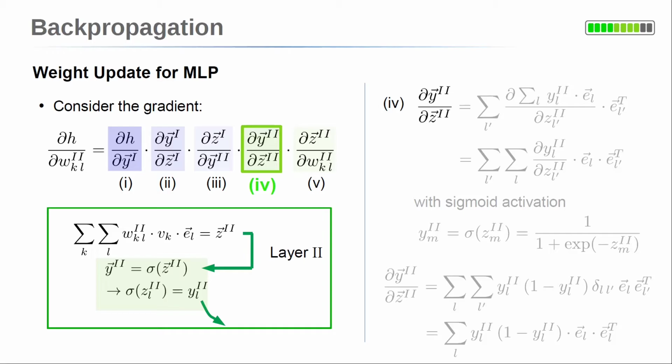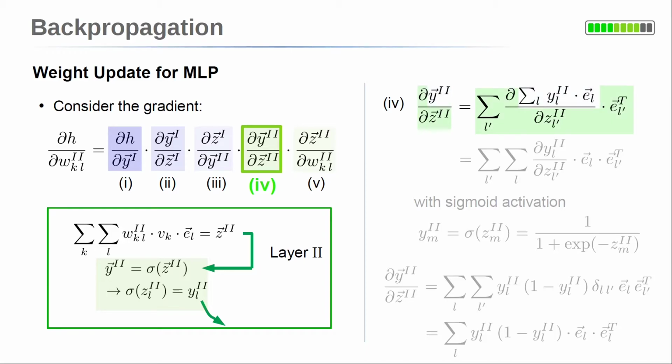Next, the fourth term is calculated. This is the derivative of the output vector of the hidden layer, vector y superscript 2, with respect to the summation vector of this layer, vector v superscript 2. We express both vectors by their sum representation using different summation indices. For the column vector y superscript 2, we have the sum over all neurons in the hidden layer by L of the output of the L-th neuron y_L times the L-th unit vector.